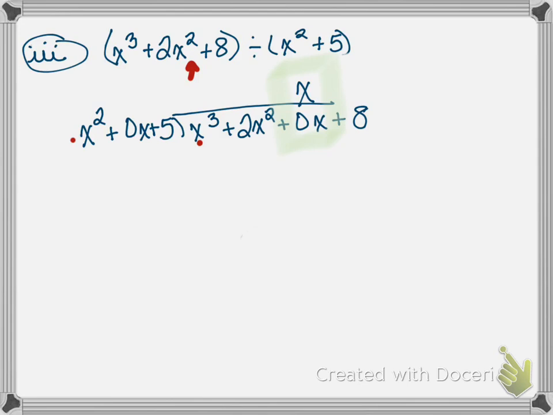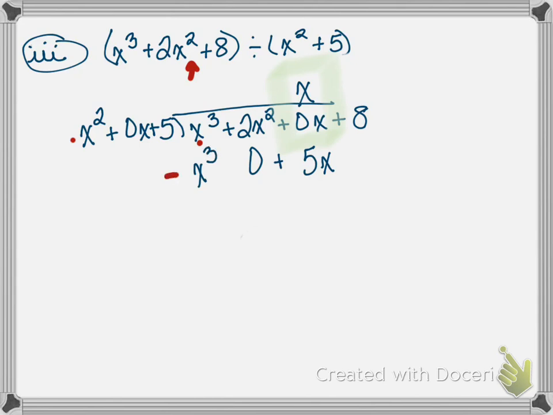So you want to write it directly over the same type of variable with the same exponent. So I have x over my 0x. So that's why it's written right there. So now I'm going to multiply. X times 5 is going to be 5x. X times 0x is 0. Anything times 0 is going to be 0. Then I have x times x squared, and that is x to the third.